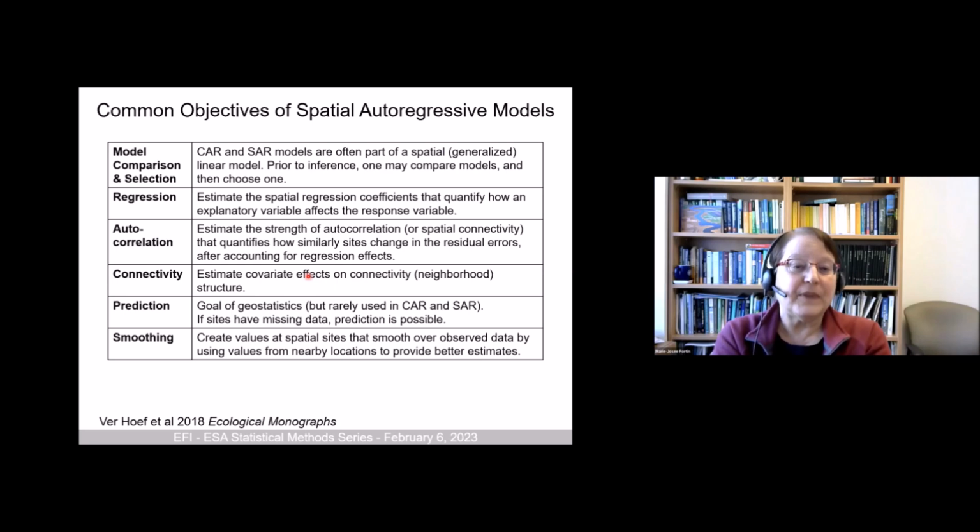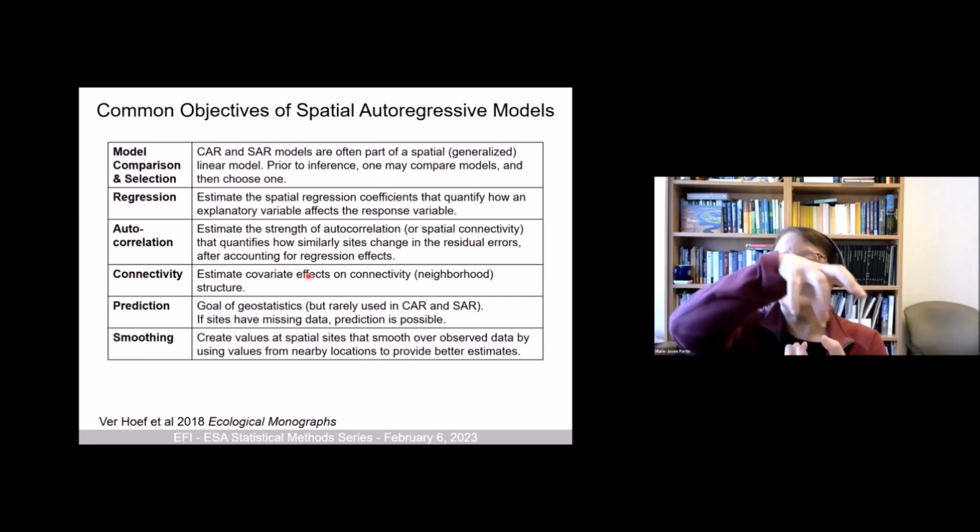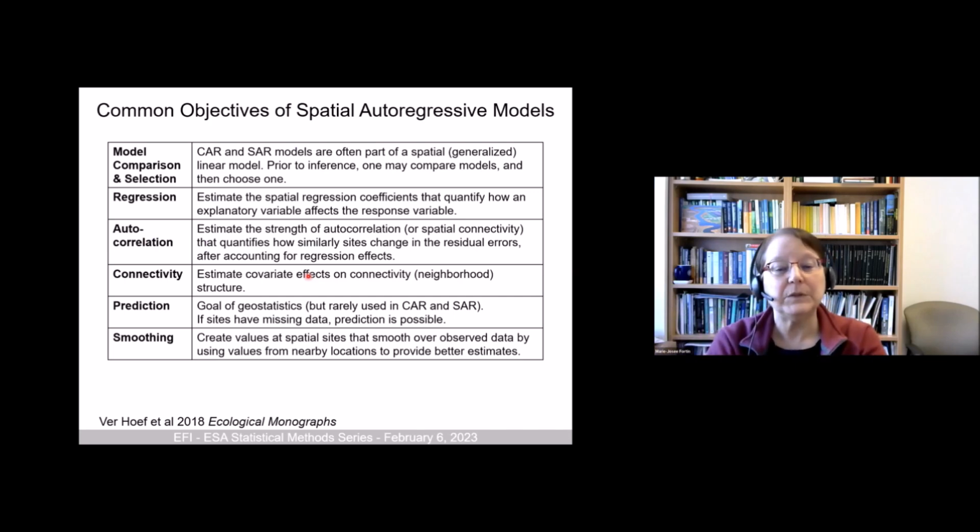So the first goal of such CAR and SAR is to do this kind of model comparison or model selection. So which model is the best? Is it to include the spatial structure in the residual or in the response variable?